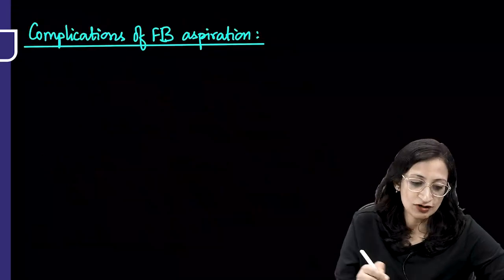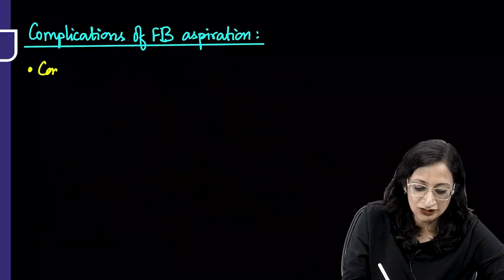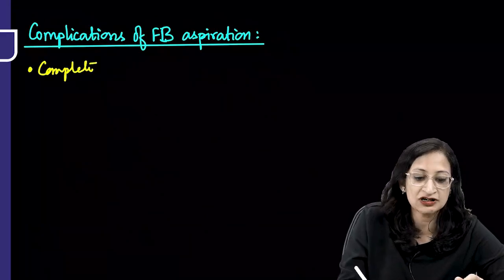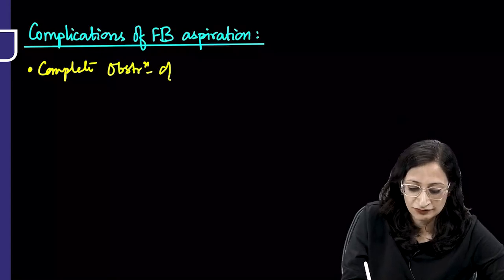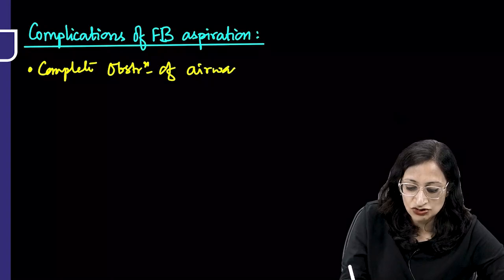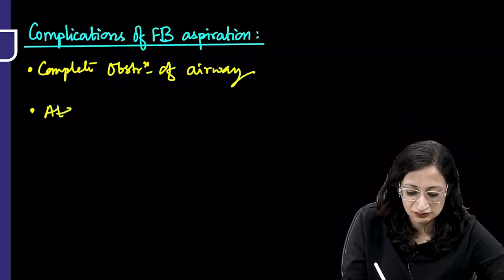So, complications of foreign body aspiration: one, we said, is complete obstruction of the airway, which is a fatal and most serious complication, and that will give rise to atelectasis.